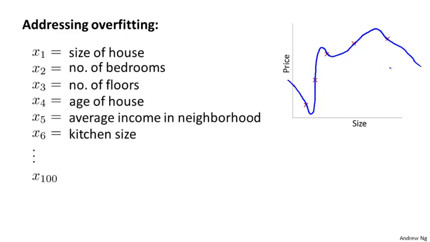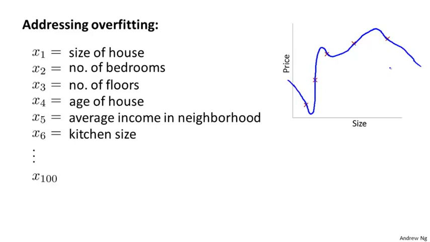In fact, more often, we may have learning problems where we just have a lot of features. And it is not just a matter of selecting what degree polynomial, and in fact, when we have so many features, it also becomes much harder to plot the data and much harder to visualize it, to decide what features to keep or not.